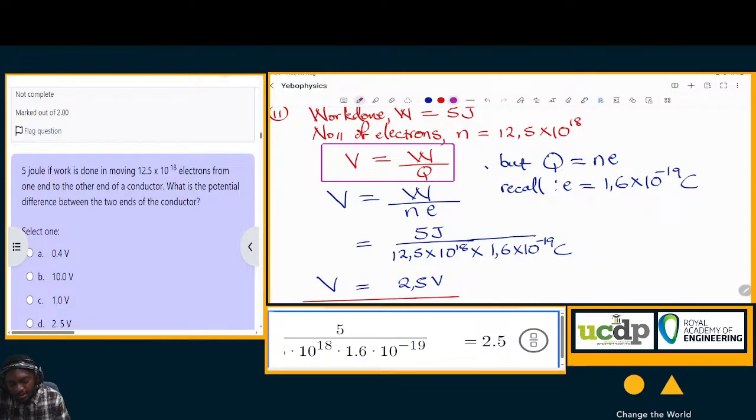But obviously you're not given the total charge, so to find the total charge on that conductor, you multiply the number of electrons by the elementary charge of an electron, which is 1.6 times 10 to the power of negative 19. Then once you do that, you substitute into your equation, and this is what you would eventually get. So that's how we've solved the first question.